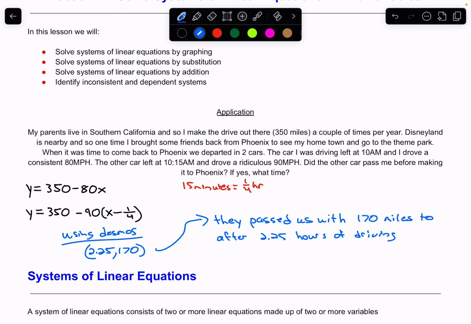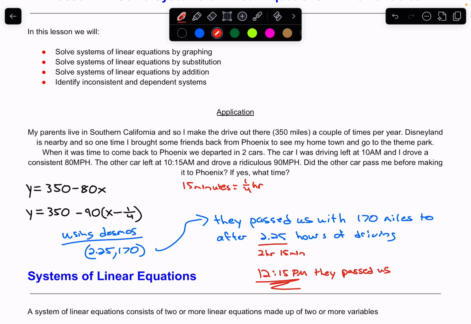So now the question is, if we left at 10 a.m., what time is it 2.25 hours after driving? Well, 2.25 is 2 hours, 15 minutes, because 0.25 is a quarter hour, it's 15 minutes. So 2 hours, 15 minutes after 10 a.m., this is at 12:15 p.m. they passed us. Okay, because I'm adding the 2 hours, 15 minutes to the 10 a.m. time that we left. So they passed us at 12:15 p.m.